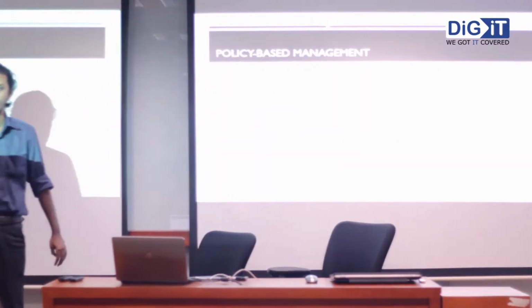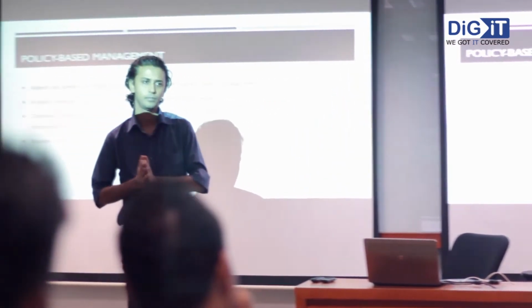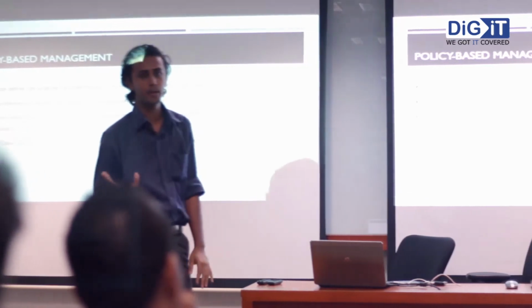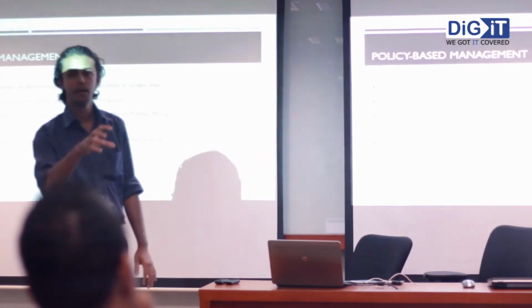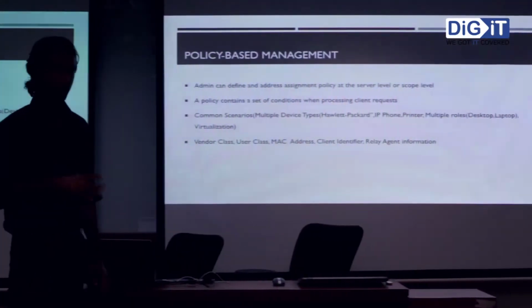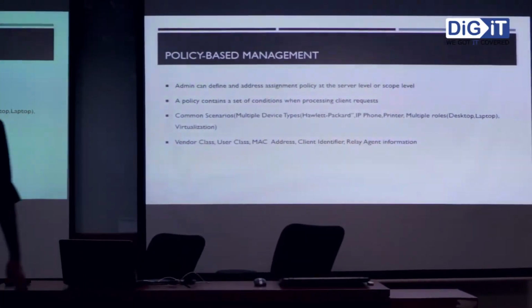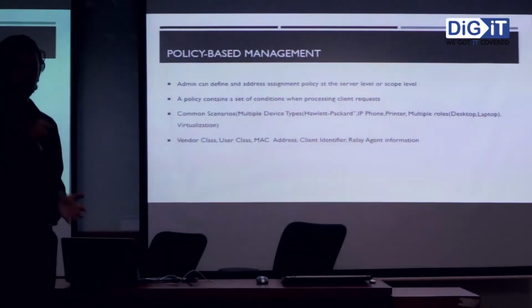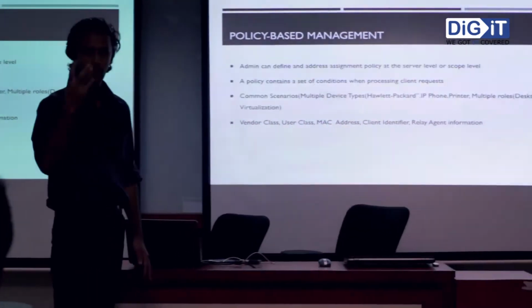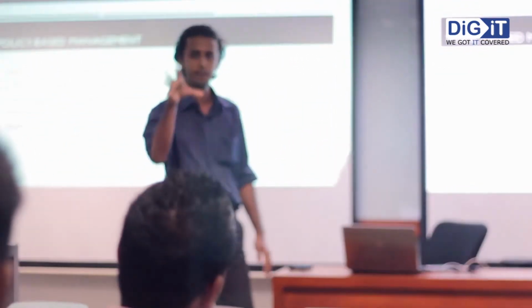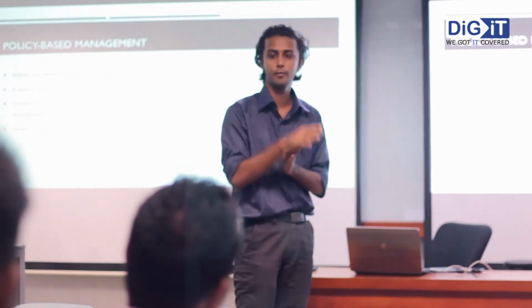Policy-based management. What is this? As an example, the domain admin or DHCP admin can define a policy. Say a user is using an HP laptop. Then the admin can configure a policy so that when user A gets an IP address, he gets a specified gateway, 192.168.1.1.